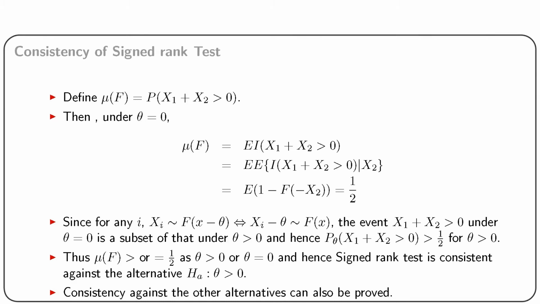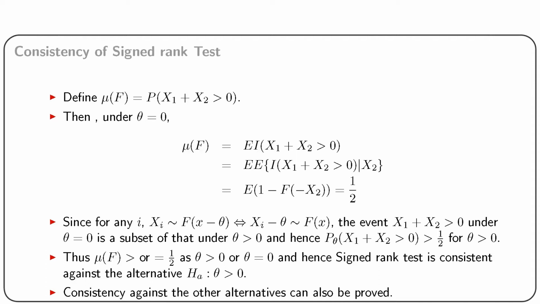Since for any i, xi has a distribution F of x minus theta, which is equivalent to xi minus theta having a distribution F of x, the event x1 plus x2 greater than 0 under theta equal to 0 is a subset of that under theta greater than 0, and hence probability x1 plus x2 greater than 0 under theta exceeds half whenever theta is greater than 0. Thus, mu f equals half when theta equals 0 and mu f is greater than half when theta is greater than 0, and hence the signed rank test is consistent against the alternative theta greater than 0.